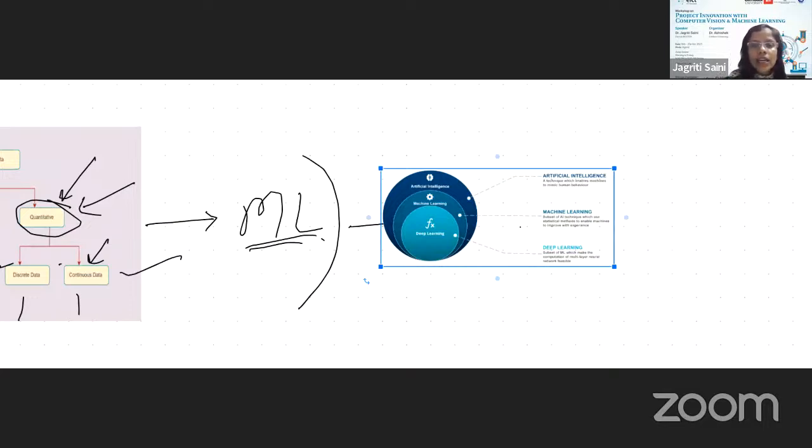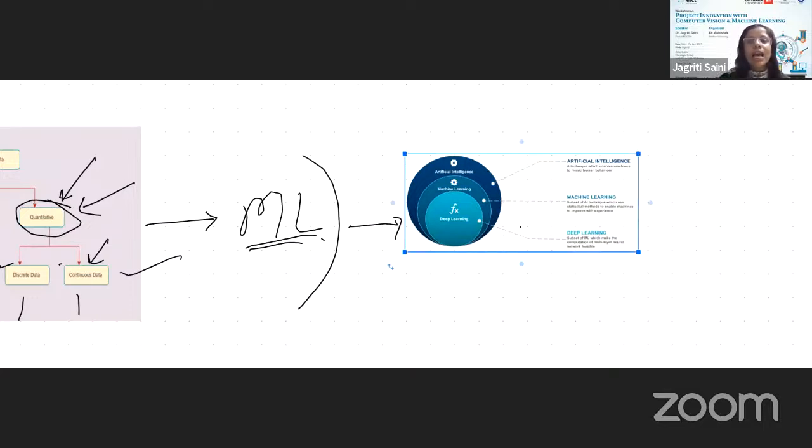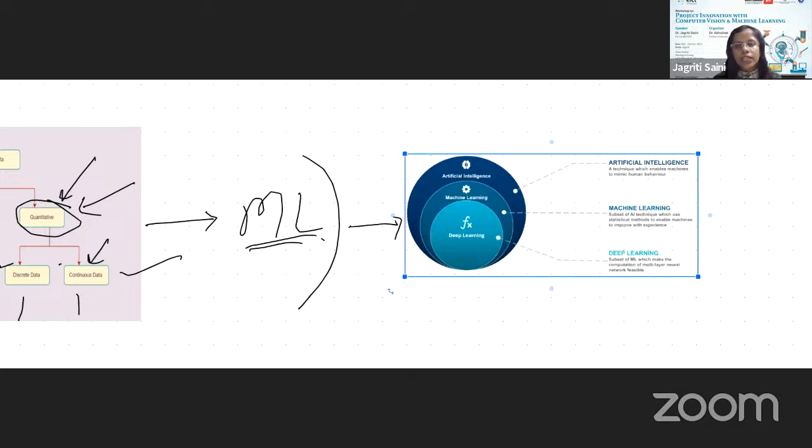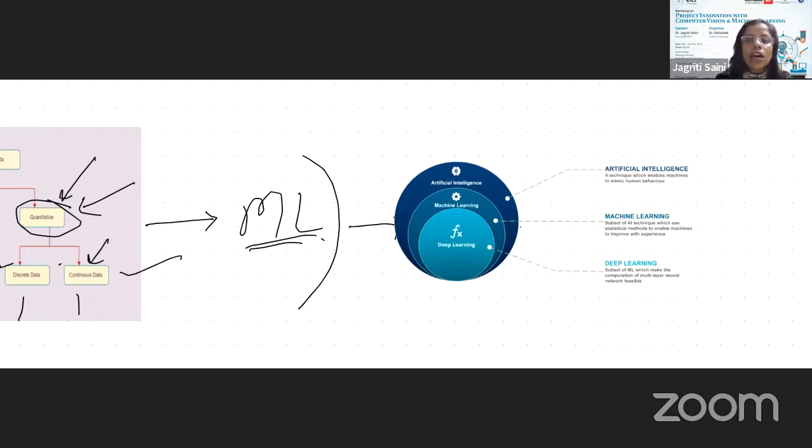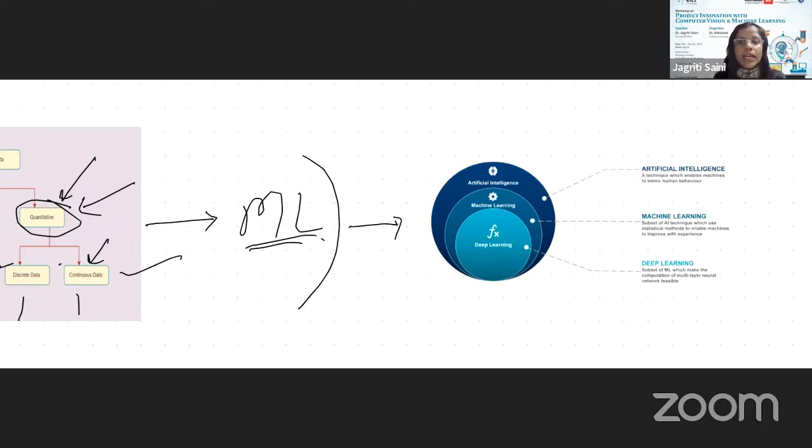So taking it on the brief concept, in case of artificial intelligence, whatever trainings you give to your model, accordingly, it will give some predictions to you. And the further categories of this, we have machine learning, we have deep learning. These are the normal categories we find. In case of machine learning, we apply some statistical approaches.